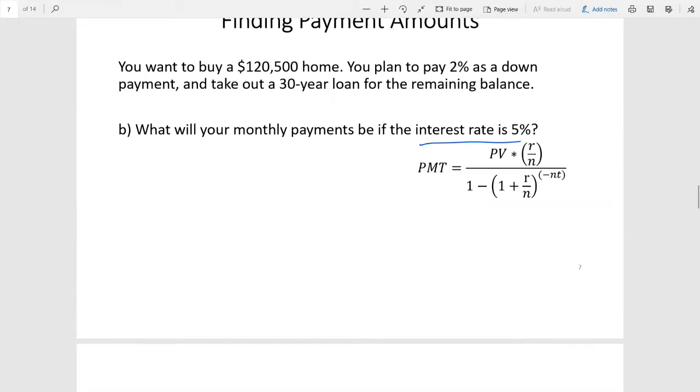The payment is going to be calculated by this formula, in which PV is 118,090.